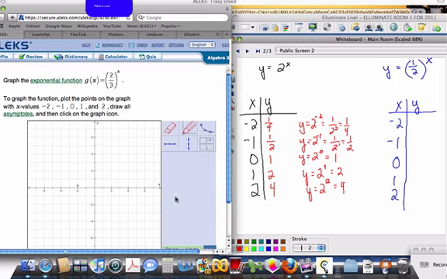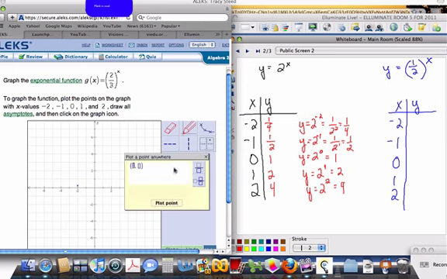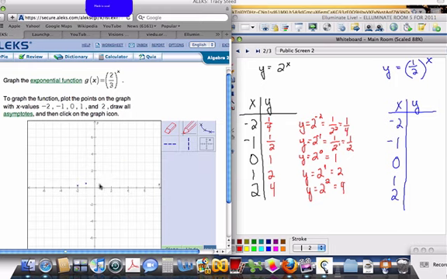So you need to do that anytime you have a value that's not a whole number in your ordered pair. Okay, now I'm going to do the same thing for -1 and 1/2 for my y value, and 0, 1, so I can plot that point if I'd like, 1, 2, and 2, 4.